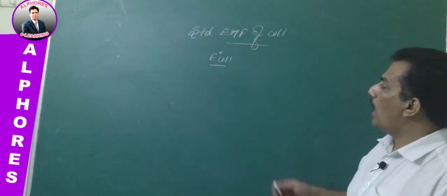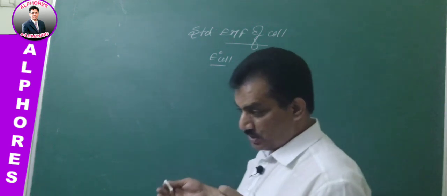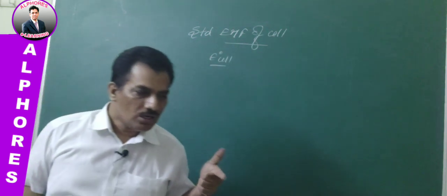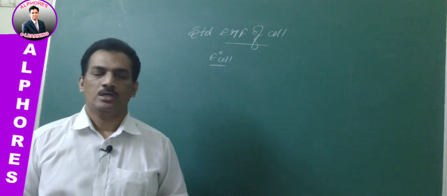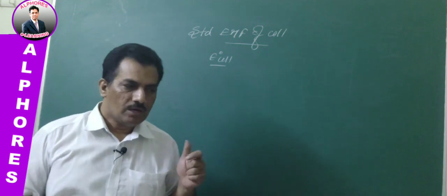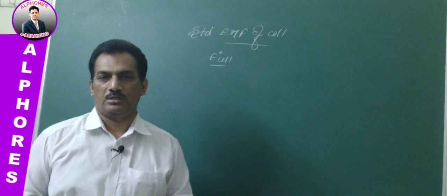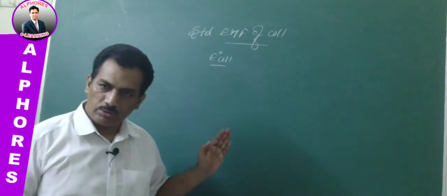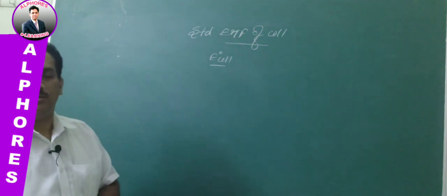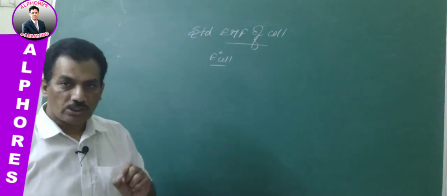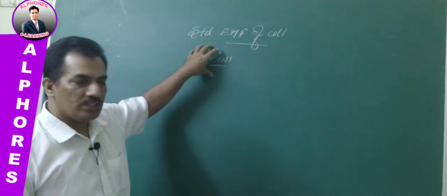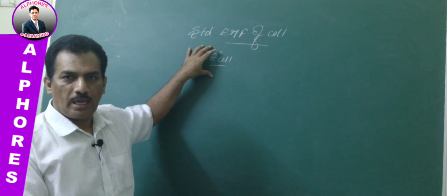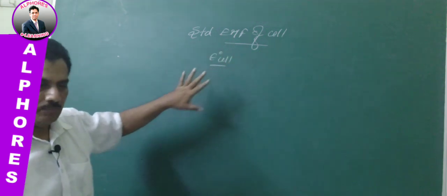Clear? And now how to measure the difference? The difference applies when both are in oxidation potentials, or when both are in reduction potentials. But if one electrode is at oxidation potential and the other is at reduction potential, the EMF of the cell is the sum of those two. Again I am repeating and I am writing here.